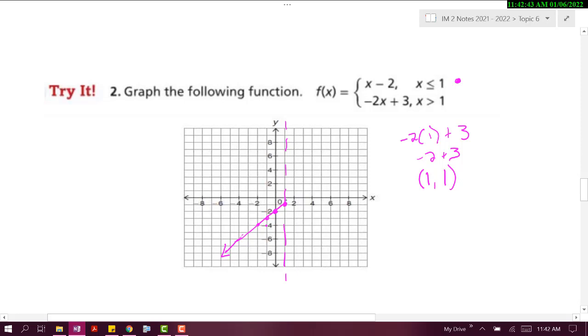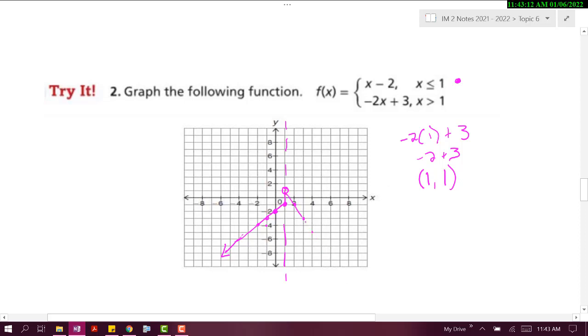So 1 and 1, this is an open circle because there's no greater than or equal to. It's just the greater than. And the other one doesn't overlap it, so that's as much as you can do. Then from there, we just use the slope. Slope is -2 over 1, so down 2 over 1, down 2 over 1, and so on and so forth until you get tired.